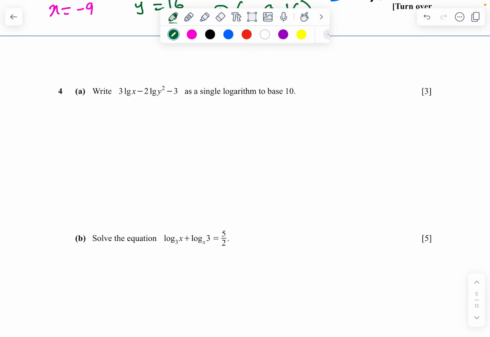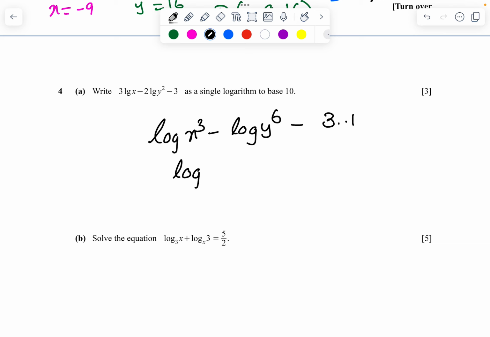Question number 4. Write down as a single logarithm. So this is log x cube minus log y to the power of 6 minus 3 times log 1. So this is log x cube by y power 4, not 6, it is y power 4, because 2 times 2 is 4, minus 3 times log 1.